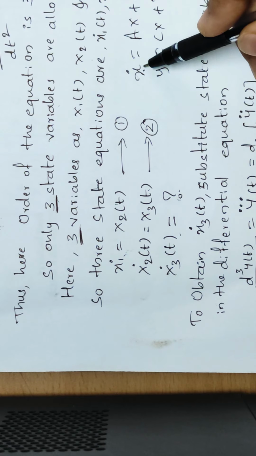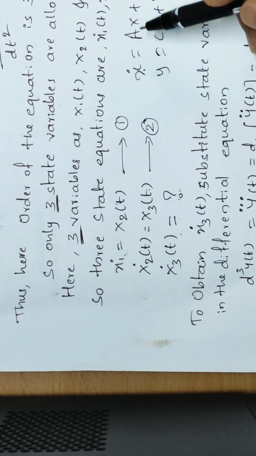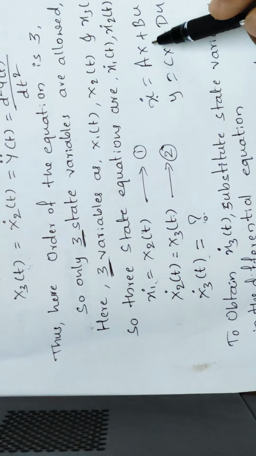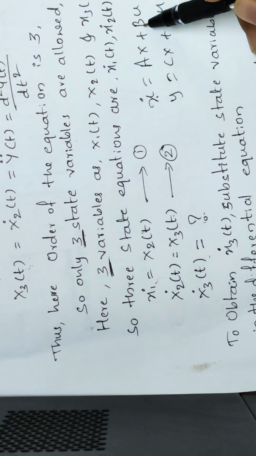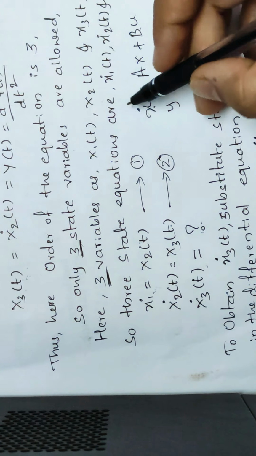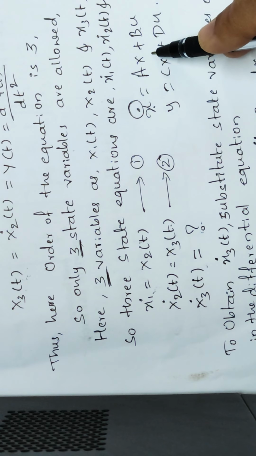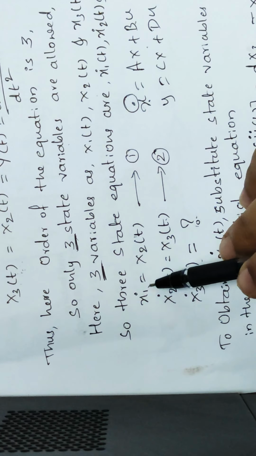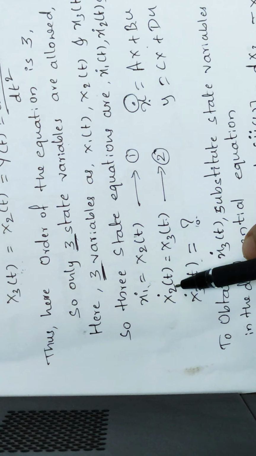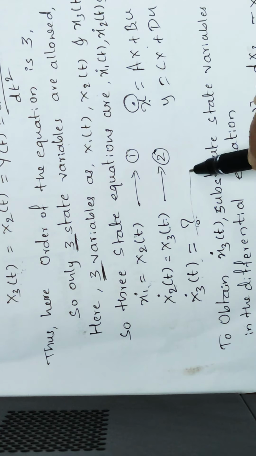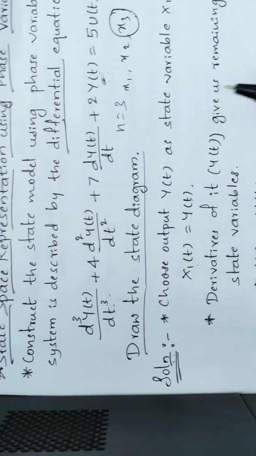Therefore, x dot is the only first differential, and in this equation the remaining terms are all variables, no differentiation. This is the only differential term. Differential is equal to all variables. Getting? Therefore, x1 dot is equal to a variable, x2 dot is equal to a variable, x3 dot is equal to all variables. Therefore, write x3 dot from the given equation.